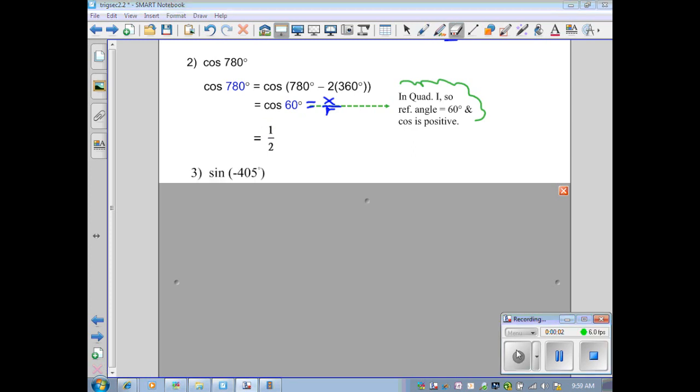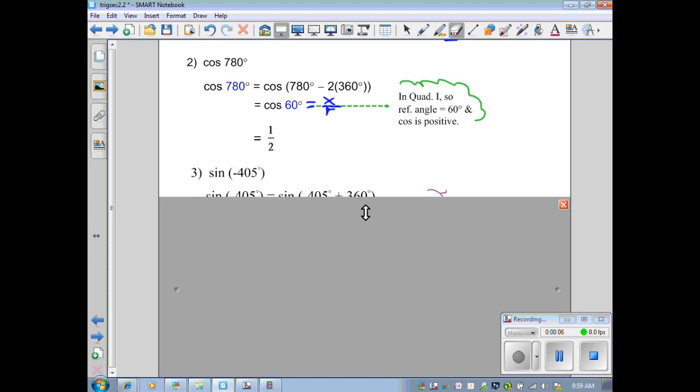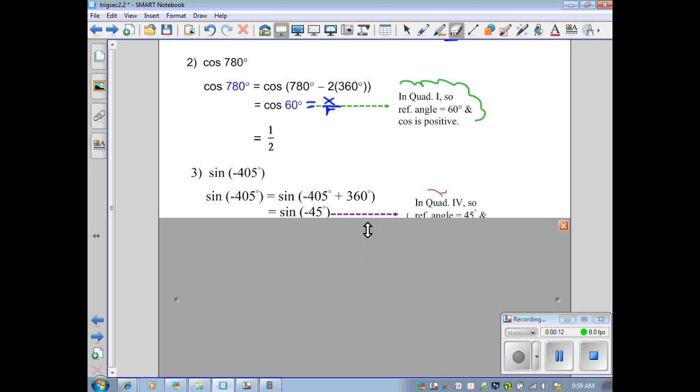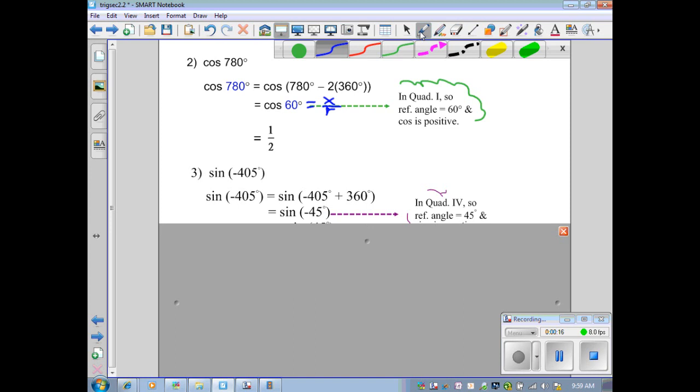Our next example is the sine of negative 405. First, let's find a coterminal angle, an angle between 0 and 360. Here, I'm going to add 1 revolution, which will give us negative 45 degrees. If I draw that angle up, I'll end up in quadrant 4.